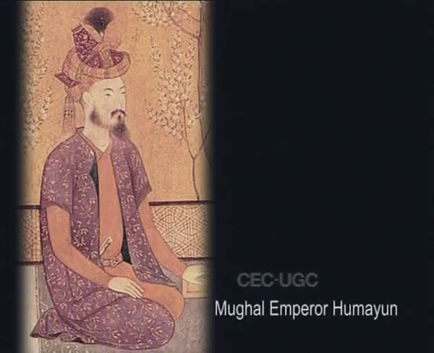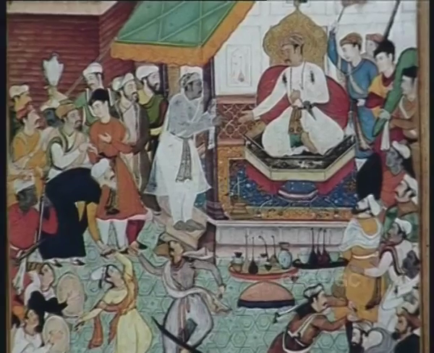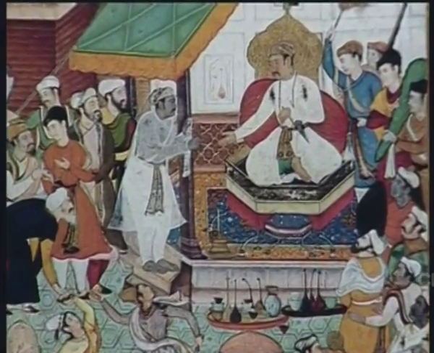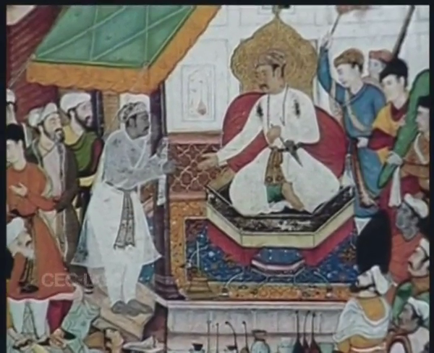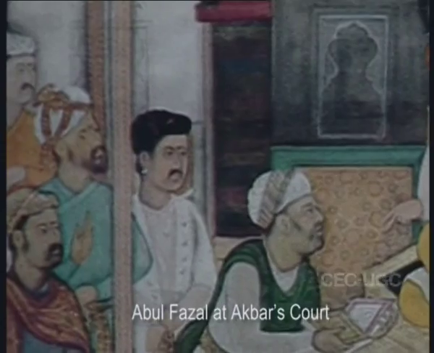From Humayun we can see a little bit on this, but from Akbar this comes out very clearly, and Abul Fazl made no secret about it. Badauni unfortunately is not very happy with that kind of thing, but Abul Fazl is very clear on what Akbar is trying to state.